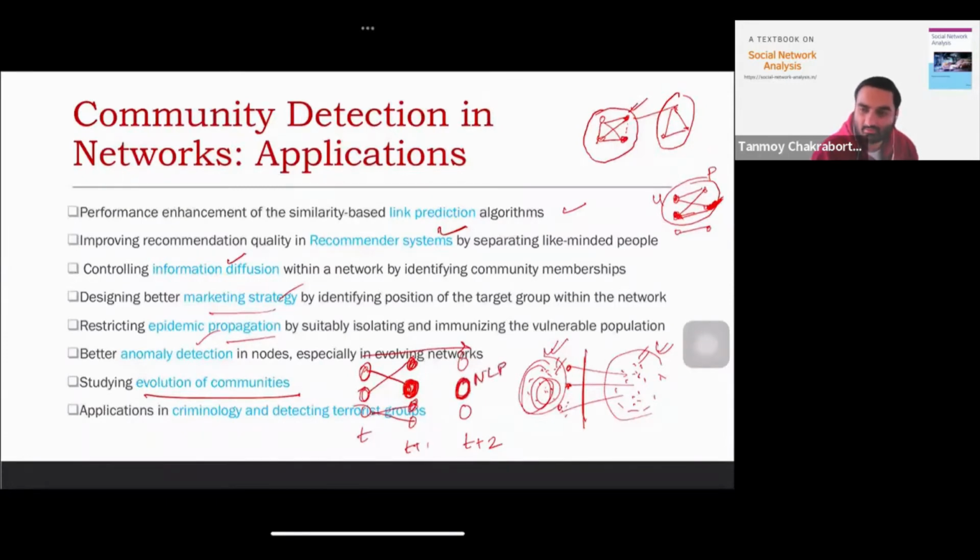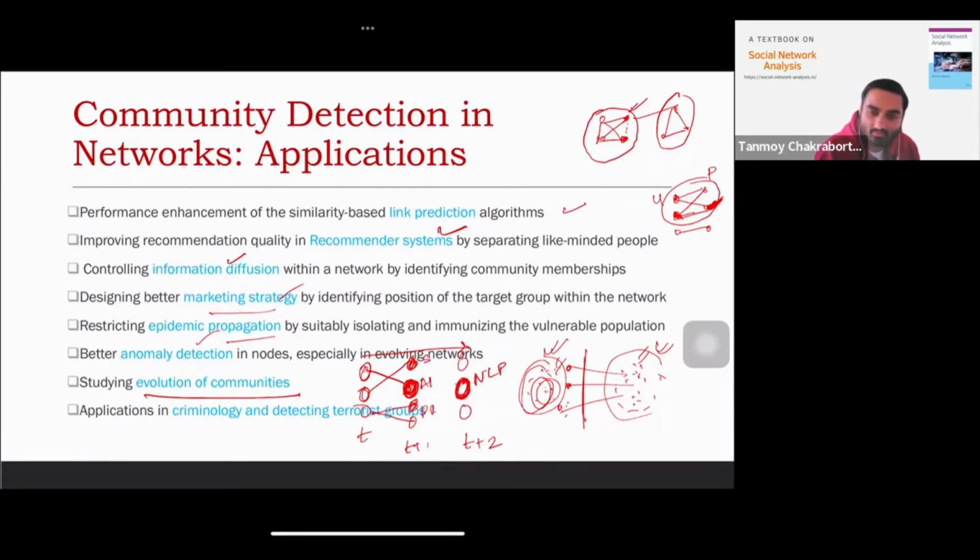Let's assume that. Now if you keep track of the evolution of this community, you will see that this community has evolved from the field like AI, or the field like statistics, or the field like pattern recognition, for example.